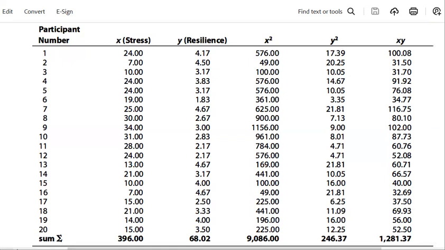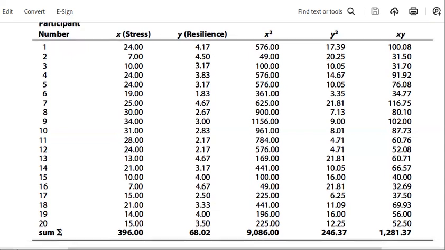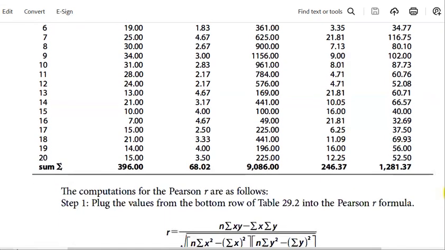And then, again, we have summed all of these cross product values, and that is 1,281.37. So we have 5 values at the bottom of each column in bold font, and they represent summed values. And we're going to see how to plug those in here in the formula.